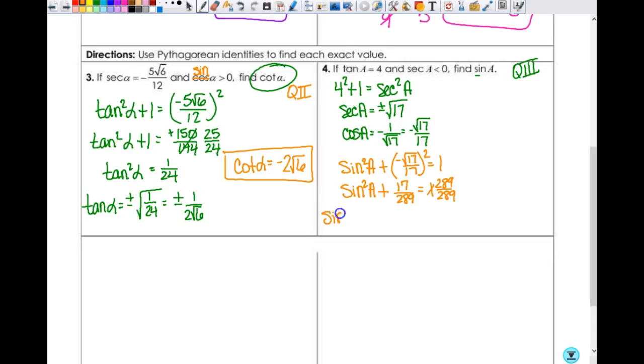So I get that sine squared a is equal to 272 over 289. And I know that I want it to be negative, so sine of a is equal to negative square root of 272 over 289. Well, the square root of 289 is 17. And then when I rationalize this, I'm going to get 4 times the square root of 17. So sine of a is equal to negative 4 square root of 17 over 17.